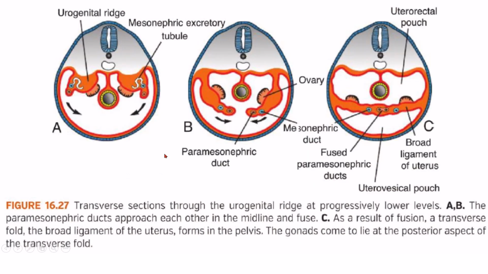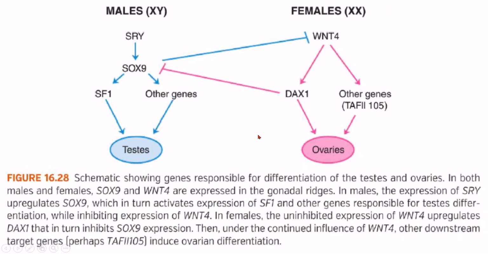Here you can see these are the developing ovaries. You can see the paramesonephric ducts. Gradually they are uniting in the midline. This fused part will form the uterus. Here you can see this is the uterovesical pouch. As you see here in males, SRY gene promotes SOX9, and other genes will form the testis.